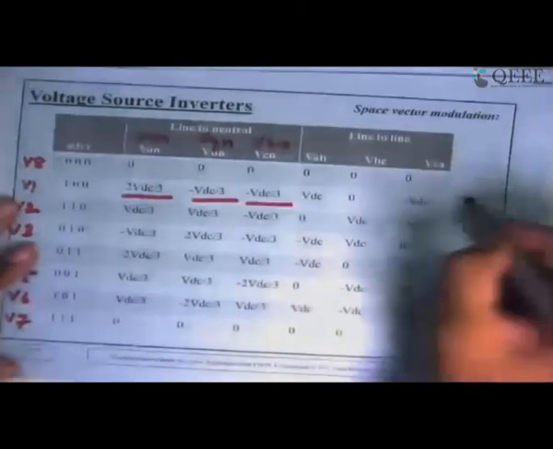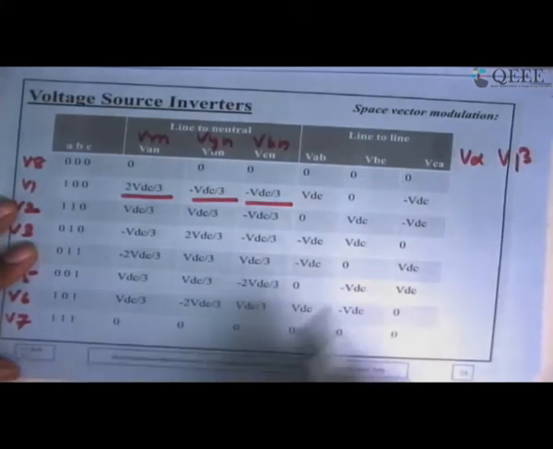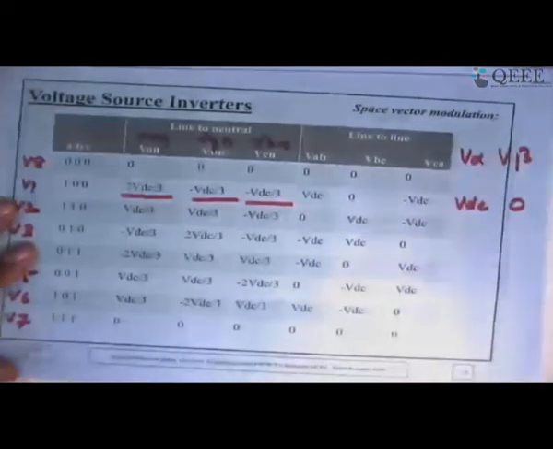If you plot V alpha and V beta, this will be 0.